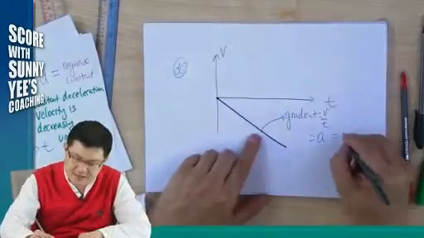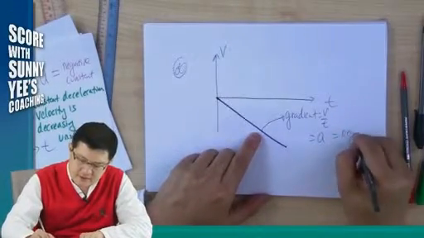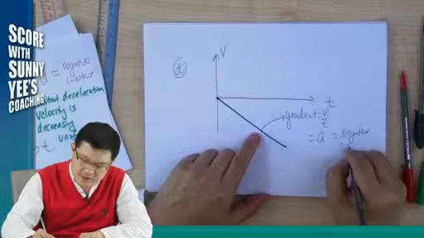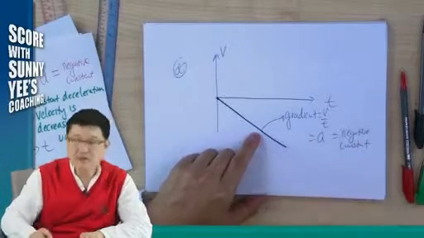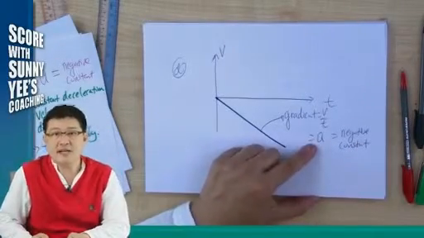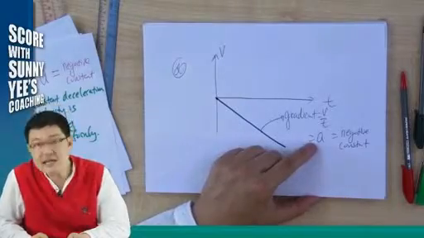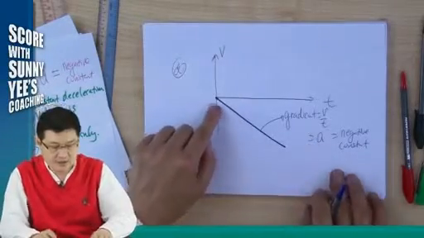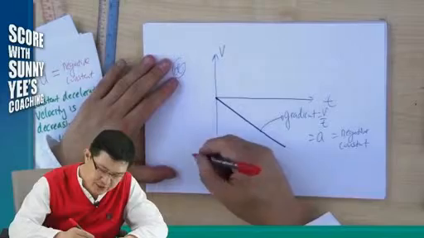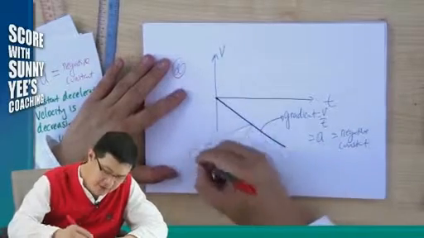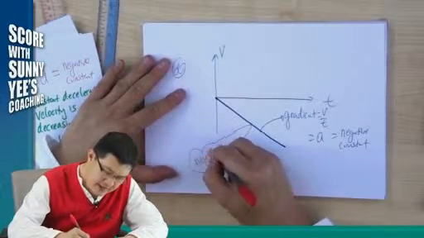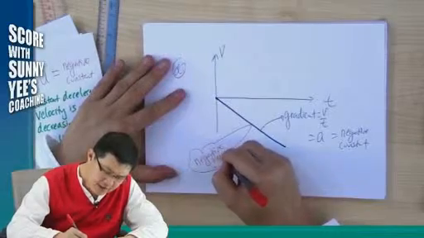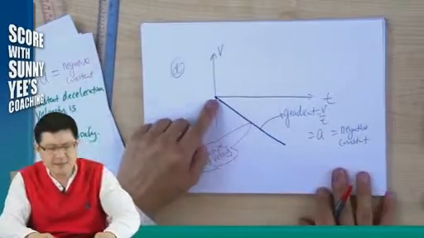And this is a negative gradient, correct or not? So a negative constant gradient, but a negative constant gradient doesn't mean deceleration, because the velocity has changed direction. It is a negative velocity. That means the direction has changed.